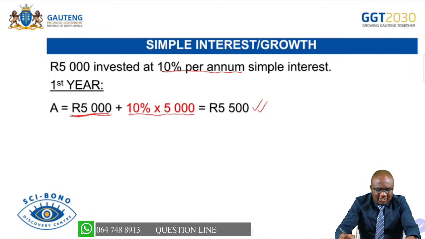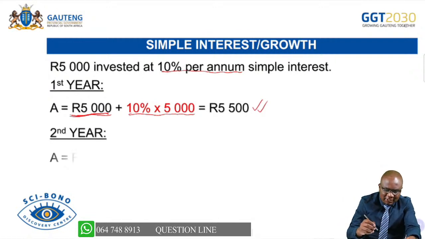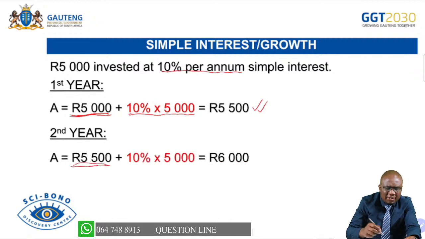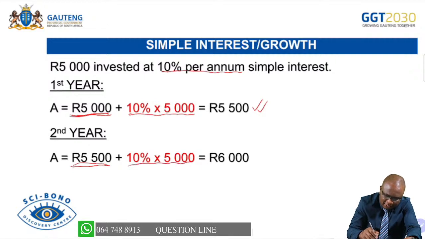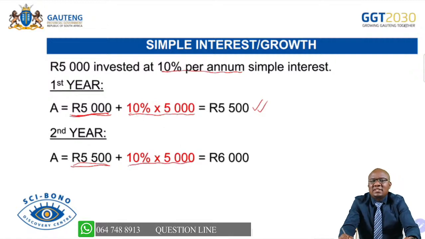So now, second year, yes, I have 5,500, which is this, but I will earn 10% of what? 10% of 5,000. You see? The things that are in red are not changing. So interest is always charged on the original amount. It doesn't change. That is simple interest.